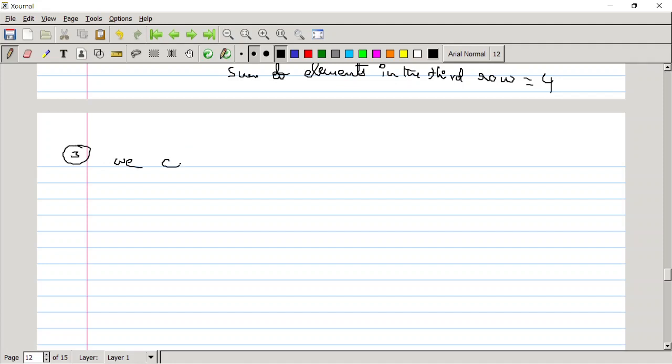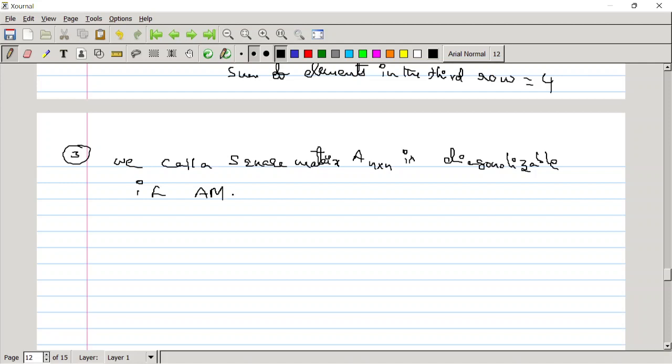We call a square matrix A of order n cross n diagonalizable if AM, the algebraic multiplicity, of each eigenvalue is equal to GM, the geometric multiplicity of the corresponding eigenvalue.